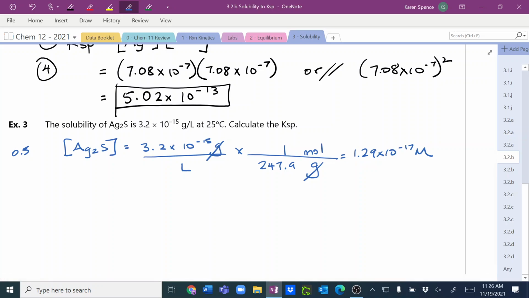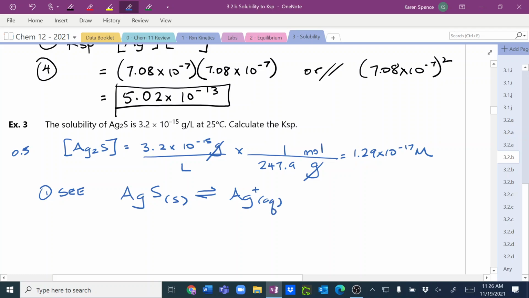Let's see what else we got. We need the solubility equilibrium equation. Ag2S solid gives Ag plus aqueous plus S2 minus aqueous, and I forgot to put my coefficient and my subscript here and my coefficient there.